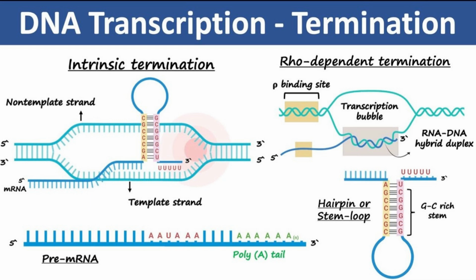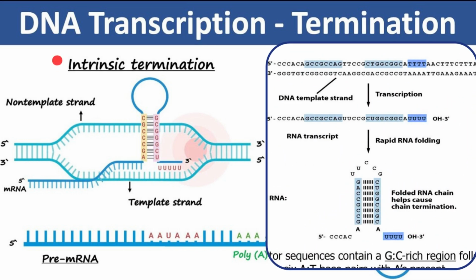Let's talk about intrinsic or the Rho-independent termination. So this is the type of termination that does not need an external factor, but stops by itself. The DNA has a special sequence of G and C base pairs, followed by several A or adenine base pairs.